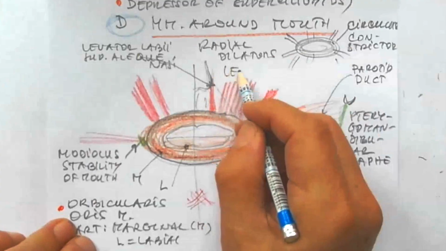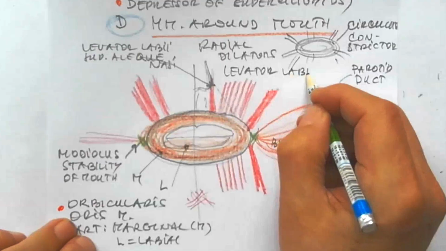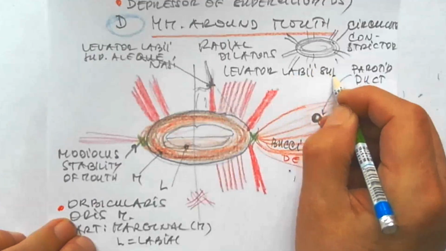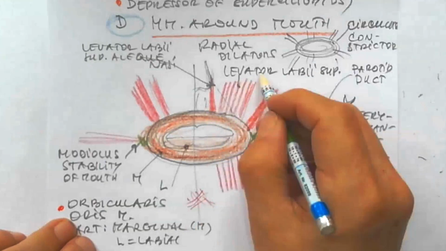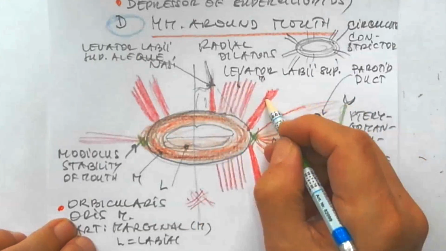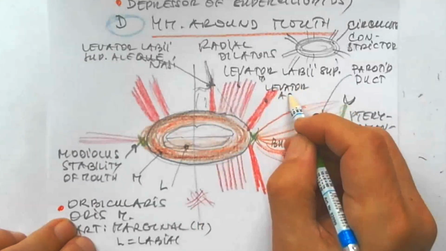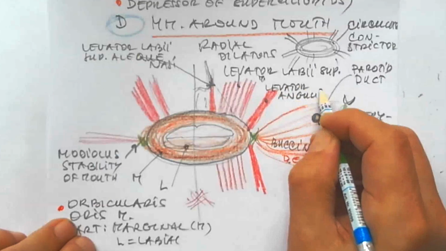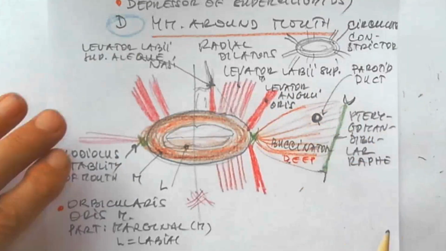This one is the levator labii superioris, or levator of the upper lip, we could say. That one is the levator anguli oris, or in English terminology, levator of the angle of the mouth.